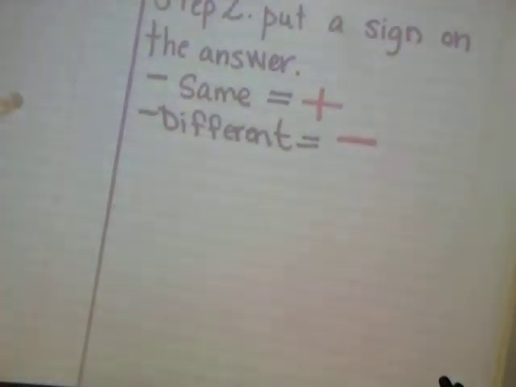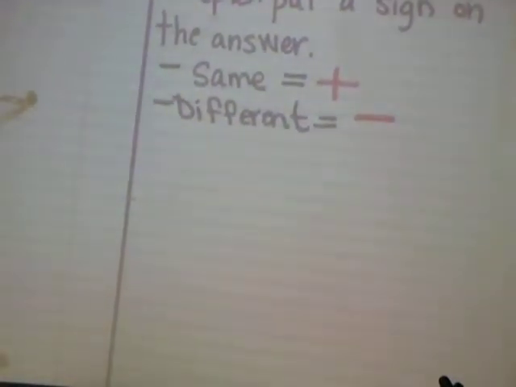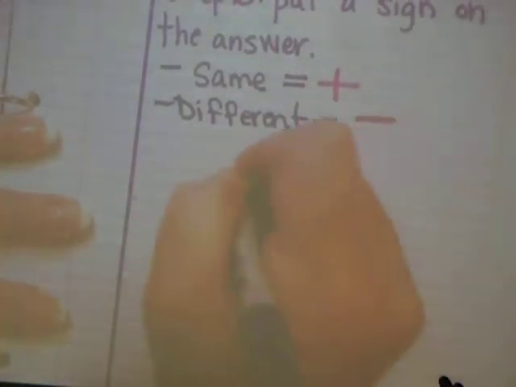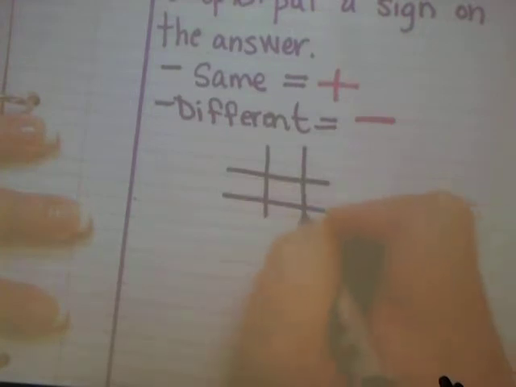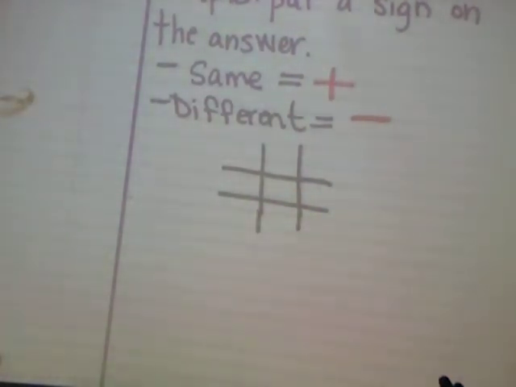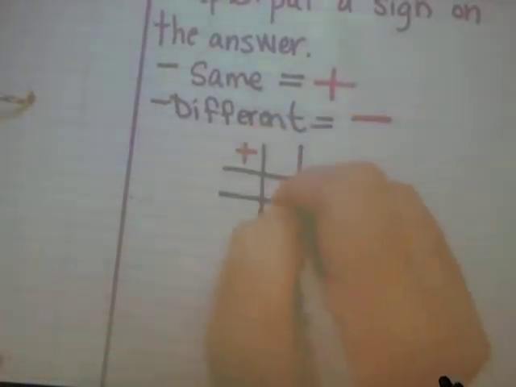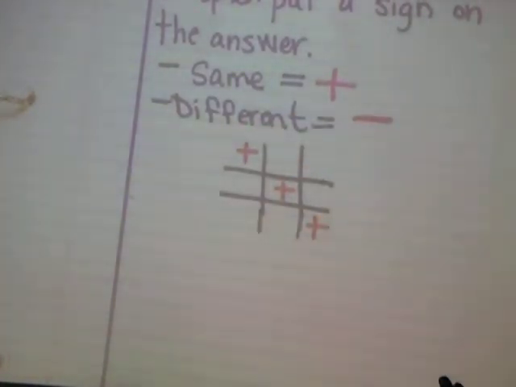And if you need a little visual to remind you, and I hope I do this right, because I haven't done it in a long time, make a tic-tac-toe board. Put positive going down diagonally, and then fill everything else in with negative.